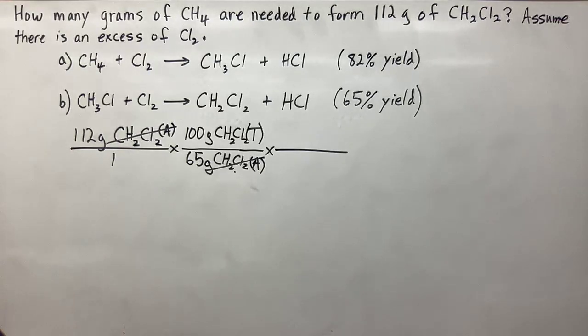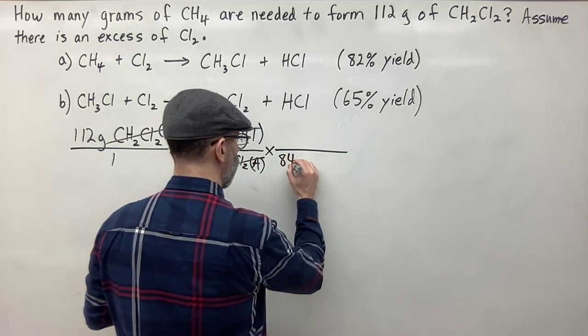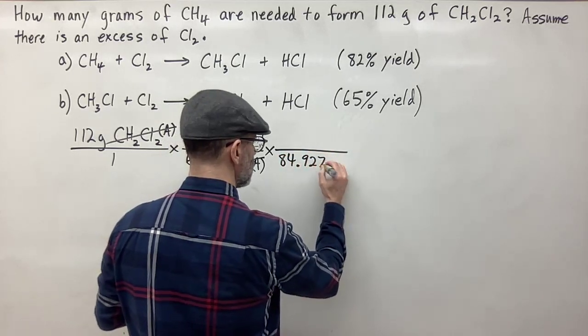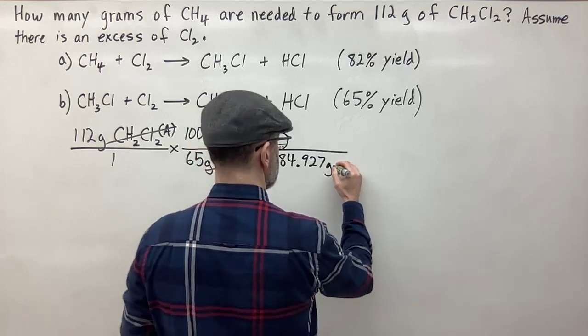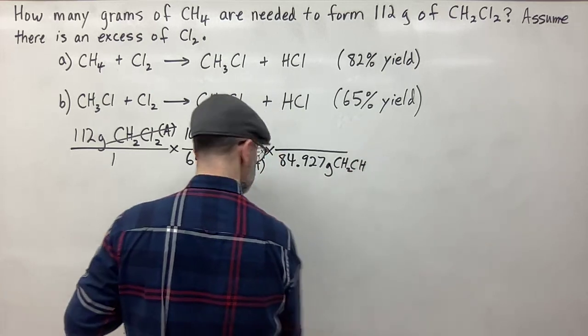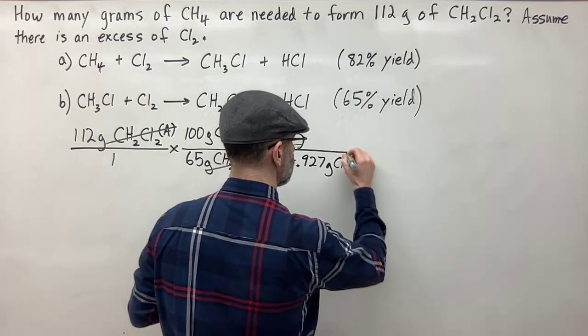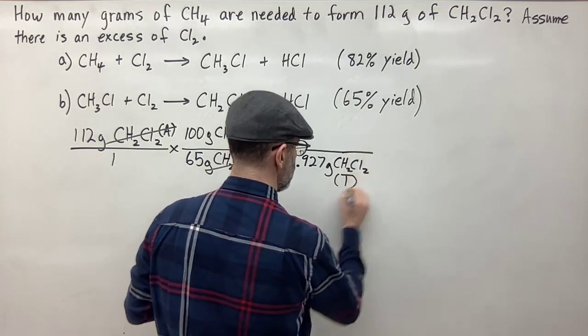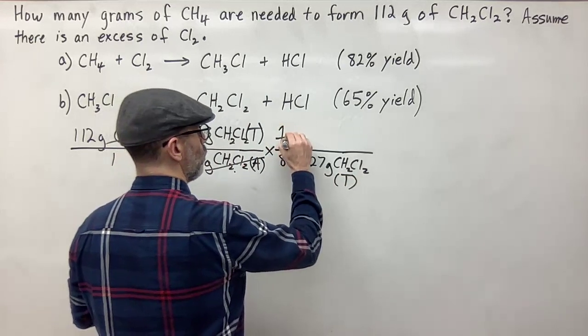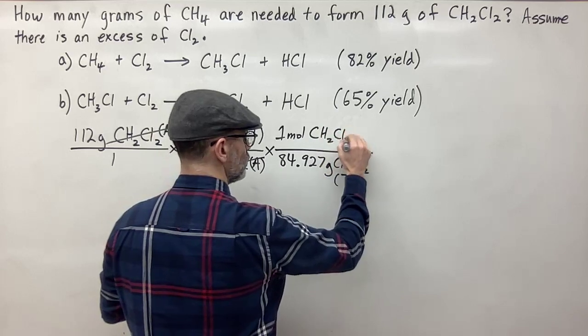And for the moles, I have a molar mass of 84.927 grams of this CH2Cl2, and again, this is T for theoretical, and then 1 mole of the CH2Cl2 on top.